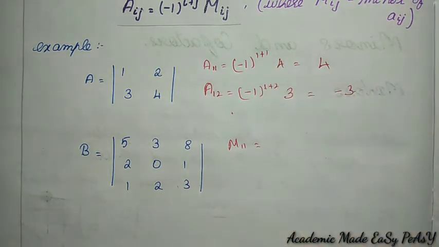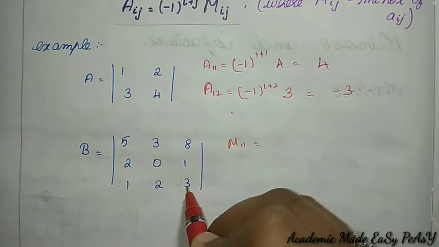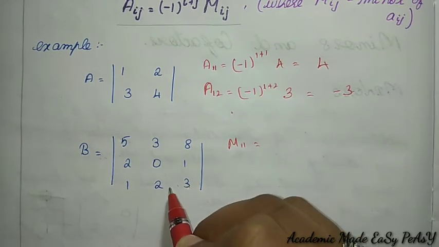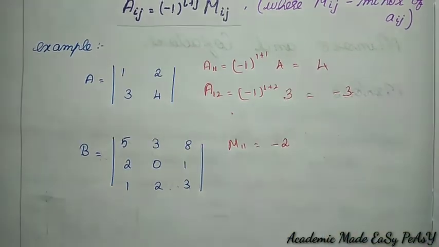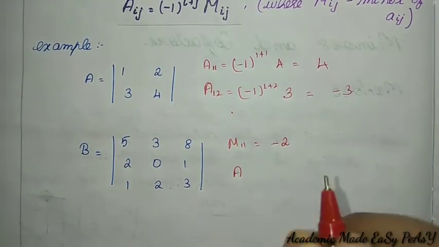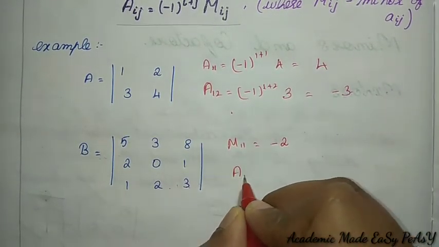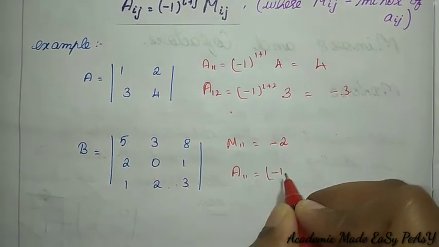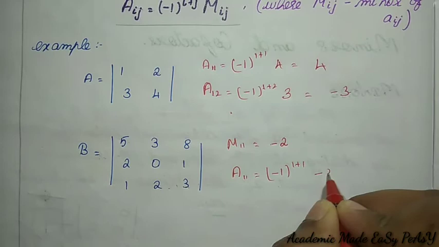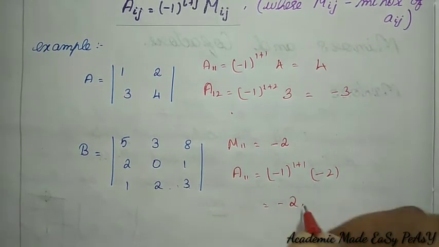So be used to it. So 0 into 3 is 0, minus 2 into 1 is 2. So minus 2. Okay, so now the cofactor for this is minus 1 to the power 1 plus 1 into minus 2, which is minus 2 only.